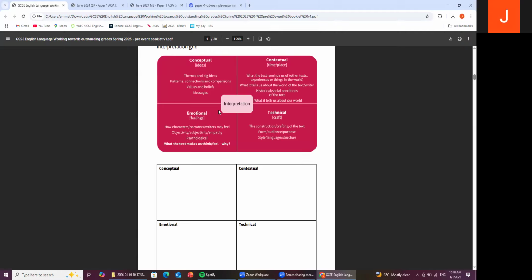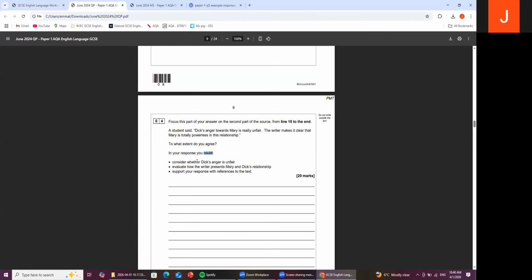You're really cutting things up, dissecting things, and thinking about answering all of these questions here, and importantly, explaining why. Why do you suggest that the character is feeling this way psychologically? How is the text constructed, crafted? Why has the writer deliberately chosen to do it this way? Okay, so really being critical.